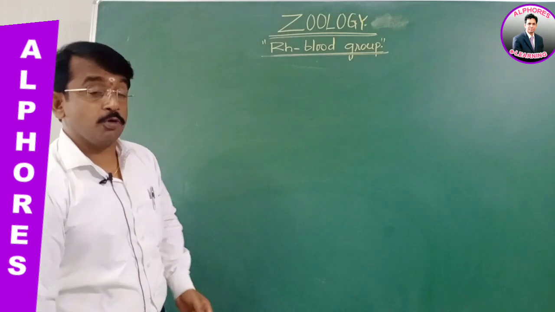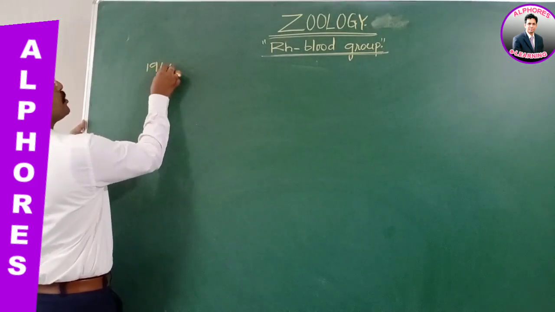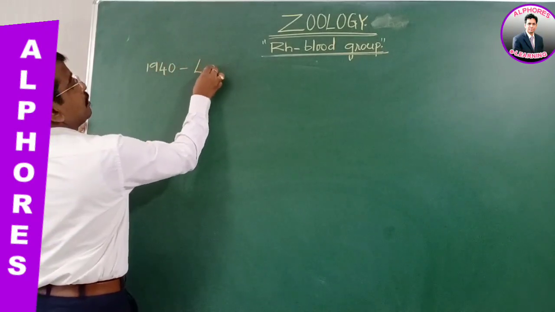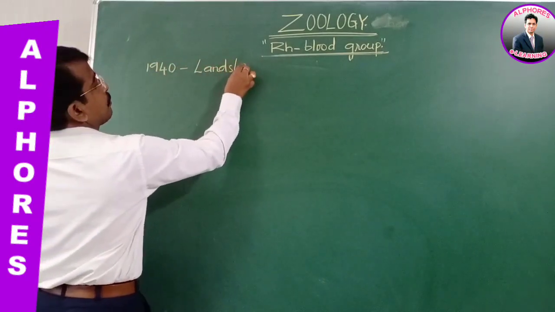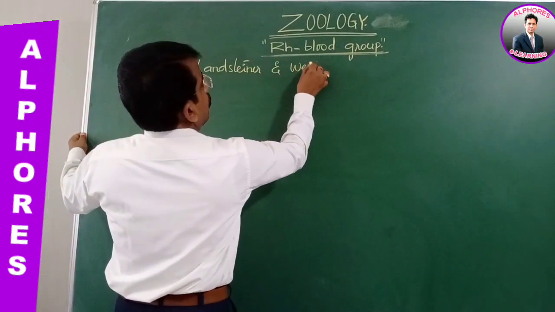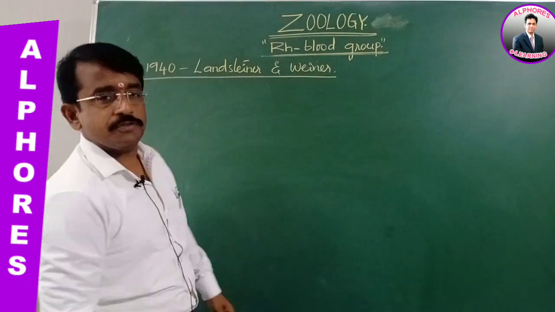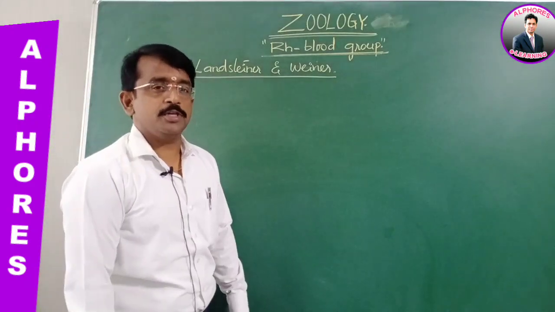Generally, the history of the Rh blood group is in the year 1940, when Landsteiner and Wiener were the two scientists who first identified one more besides the ABO.